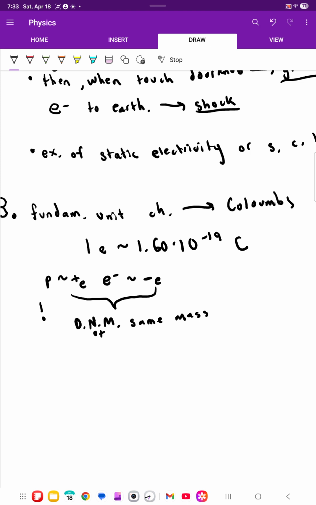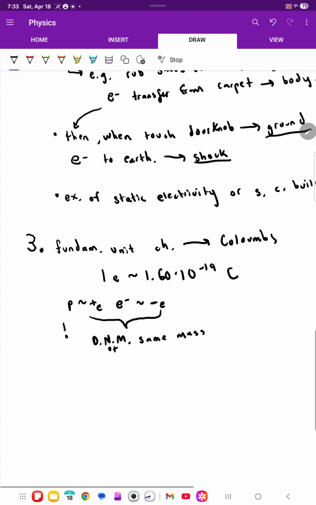Like mass and energy, electric charge is governed by the law of conservation. This follows the trend for energy and mass.